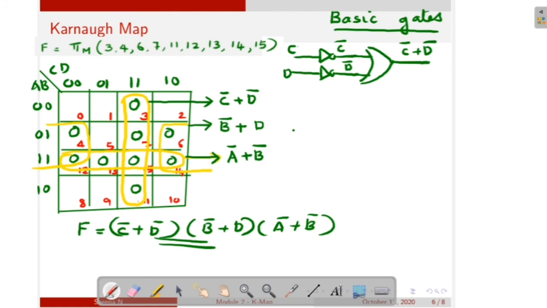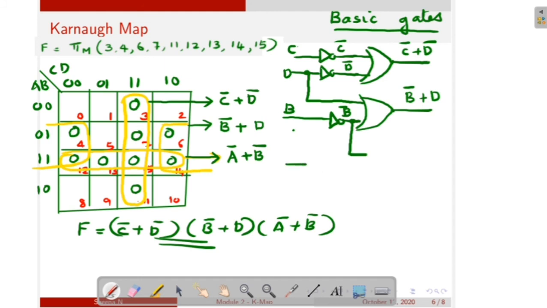Then we have the D input here, then B is given to an inverter, we get B bar. Then B bar and D are ORed together to form B bar plus D. Next, again take this B bar, then the A input is complemented, so here we have A bar.